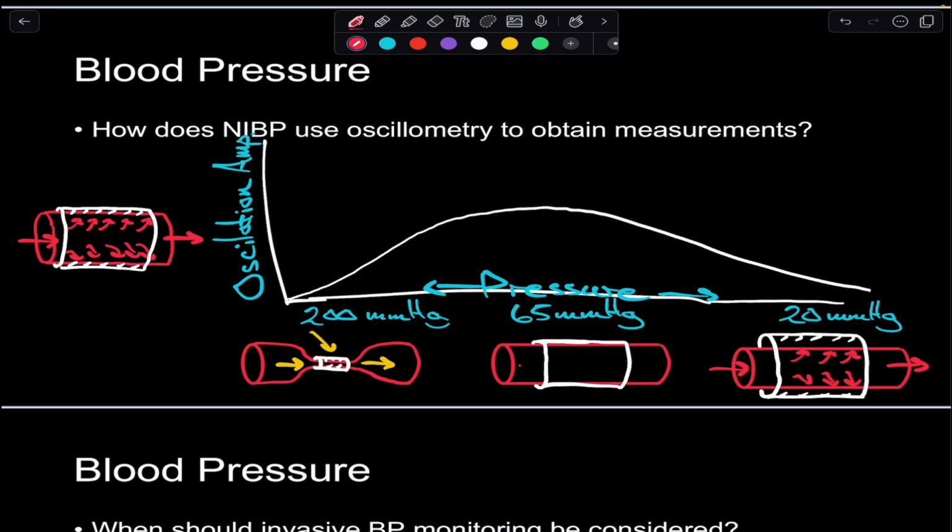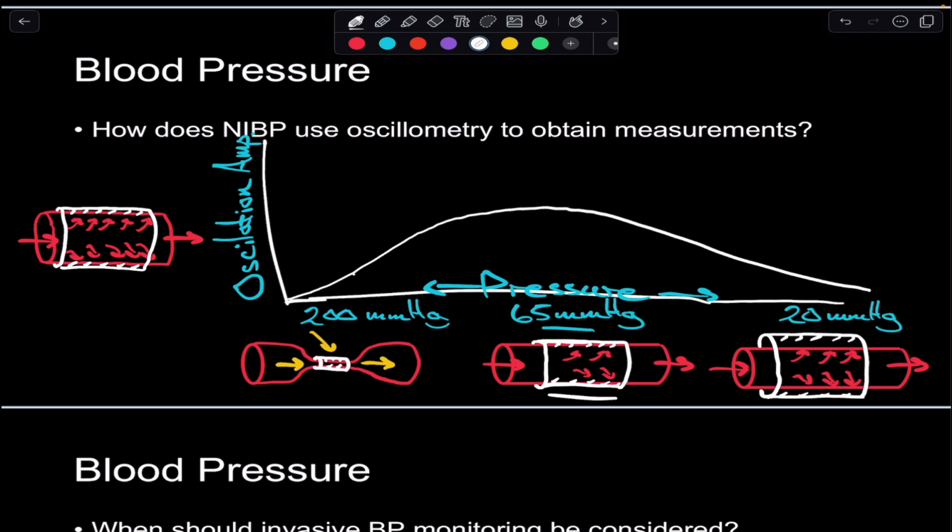And it just so happens that blood is flowing through the artery right here, at a mean arterial pressure of 65, and the sensors of the cuff are in just the perfect amount of contact with the wall of the artery. The pulse is exerting pressure and creating oscillations that these sensors pick up. Where the oscillations are detected at a maximum, that's going to be the mean arterial pressure.